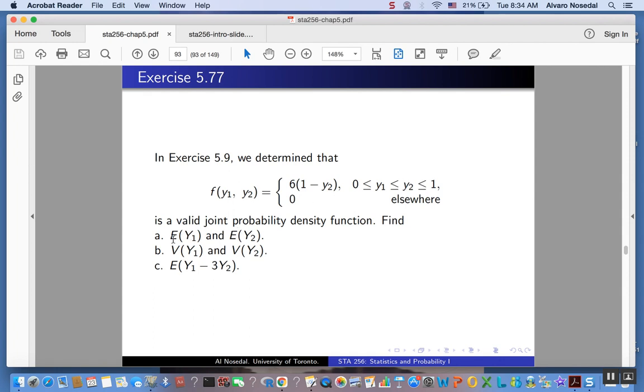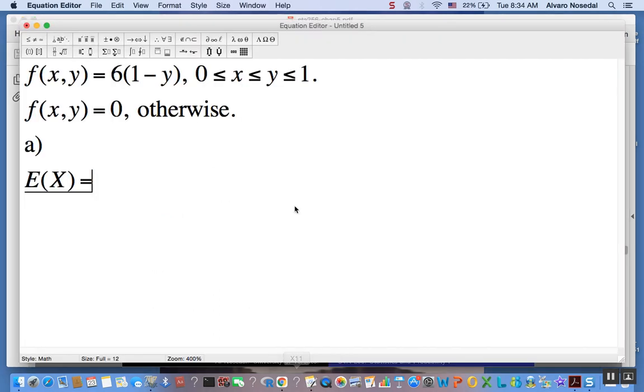And we want the expected value of x and y. I just made that change so I don't have to type that many subscripts. We're going to do this two different ways: one using the marginal, the other one using the joint. Let's use the joint.